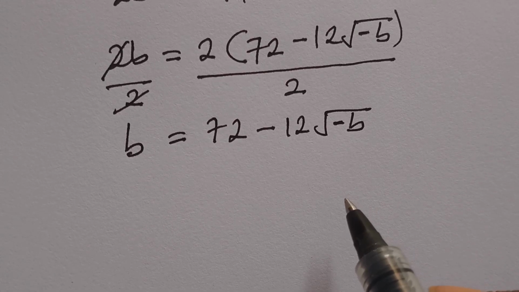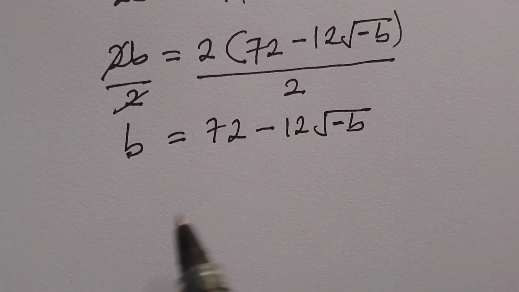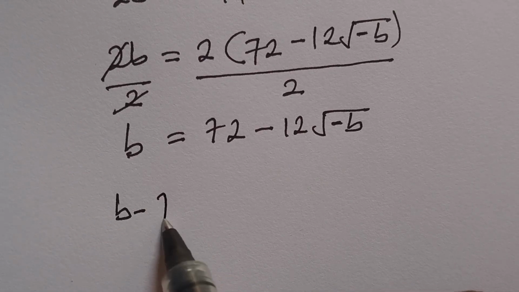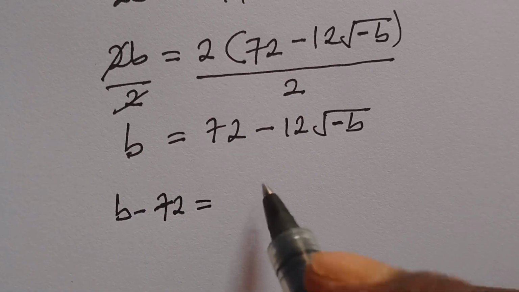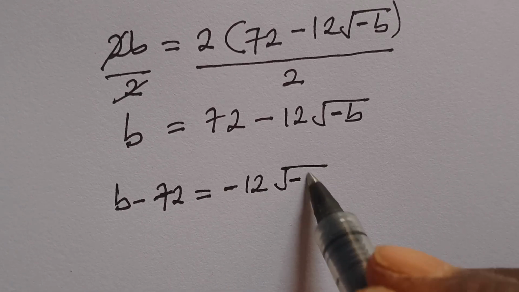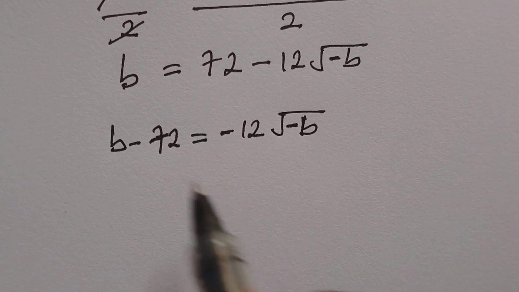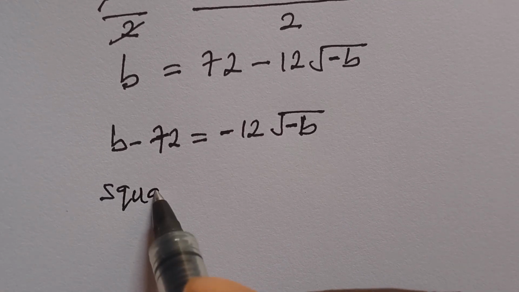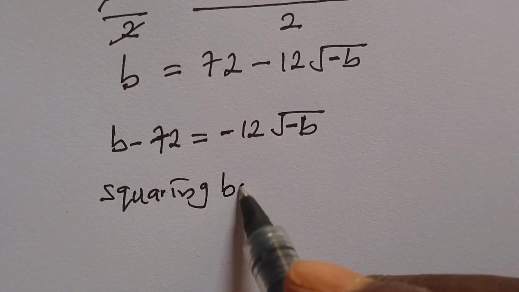Now, to make our work easier and faster, let's take 72 to our left hand side. Now we have b minus 72 equal to minus 12 square root of minus b. If you look at this, b minus 72 also follows the previous method that we used.